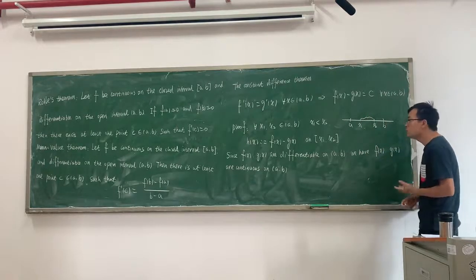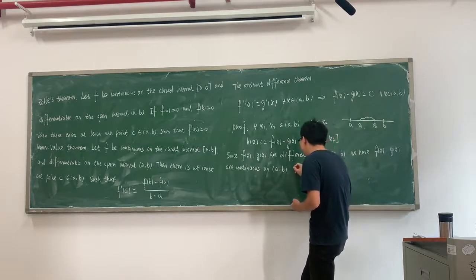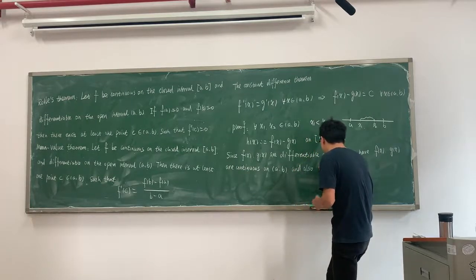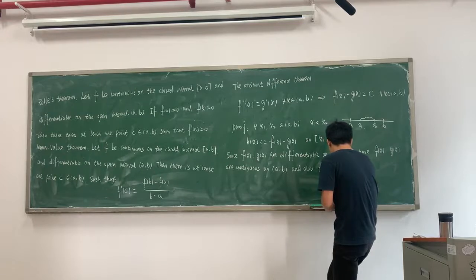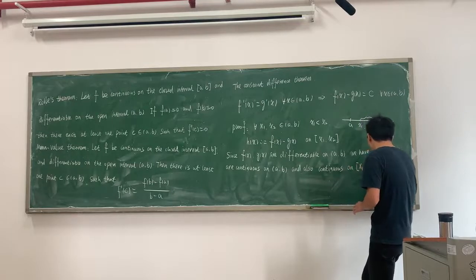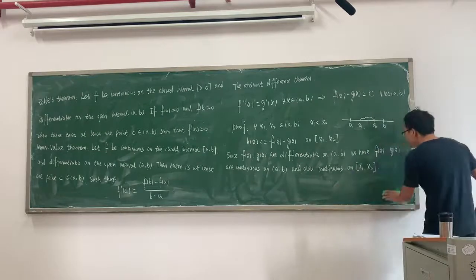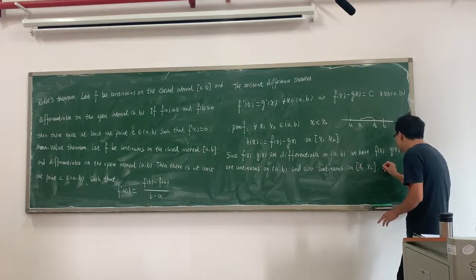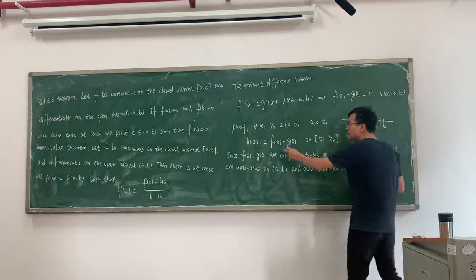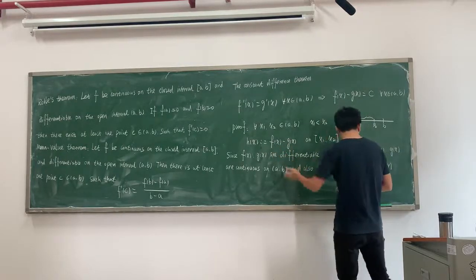So we have them also continuous on the closed interval [x1, x2]. So we have h(x), because h(x) is the difference f minus g, f continuous, g continuous, so h(x) is continuous.